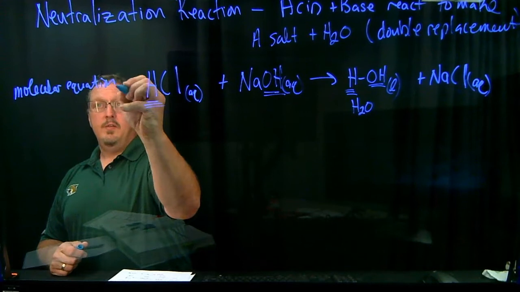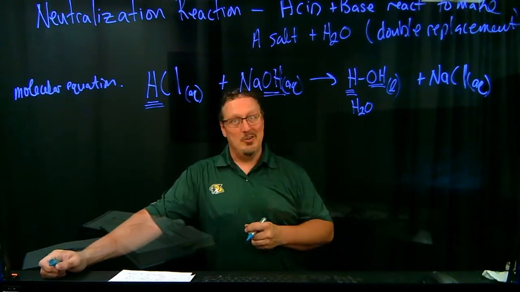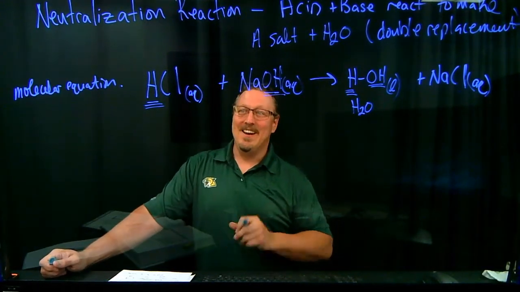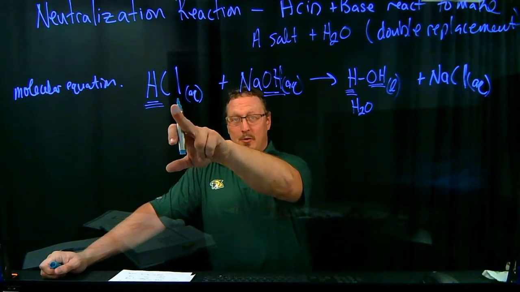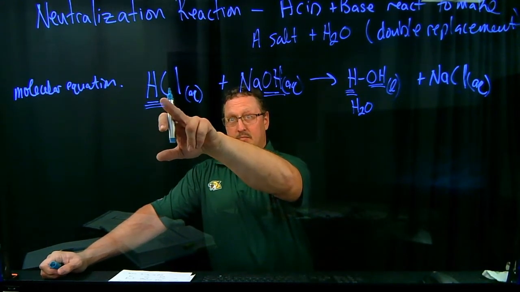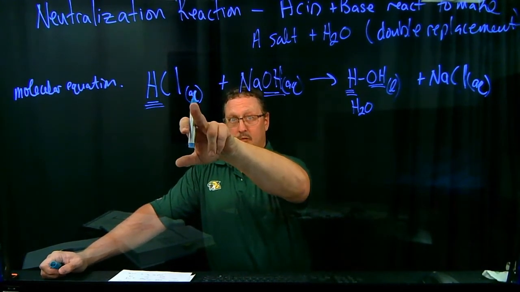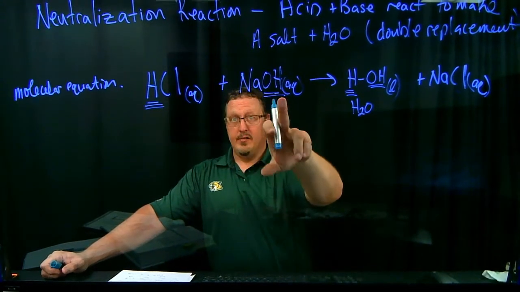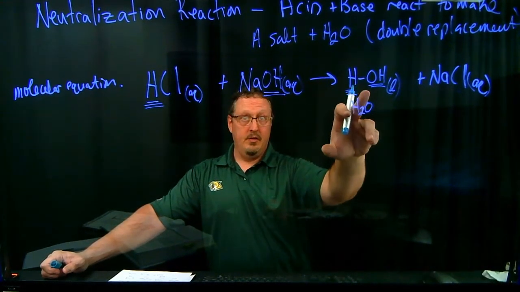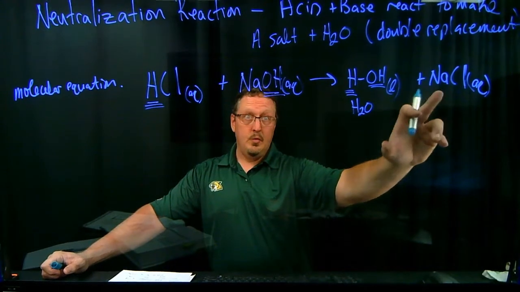If we wanted to, and I want to, so we're going to do it, because, you know, I'm kind of that guy. We're going to break this apart into our total ionic. So that's going to be H plus and Cl minus, both aqueous, Na plus and OH minus, aqueous. It's going to make liquid water, and these two will be in the aqueous phase.